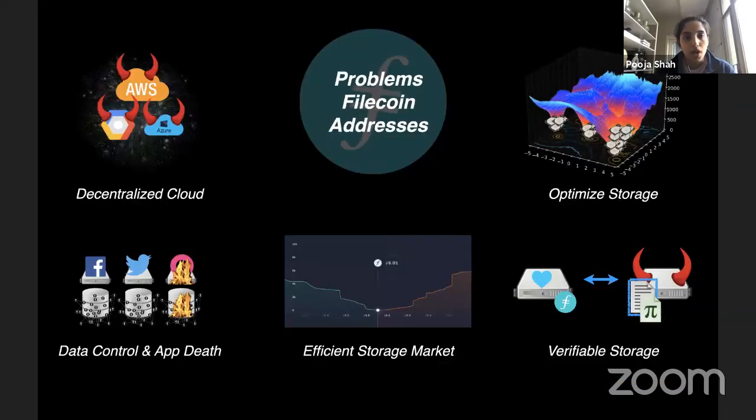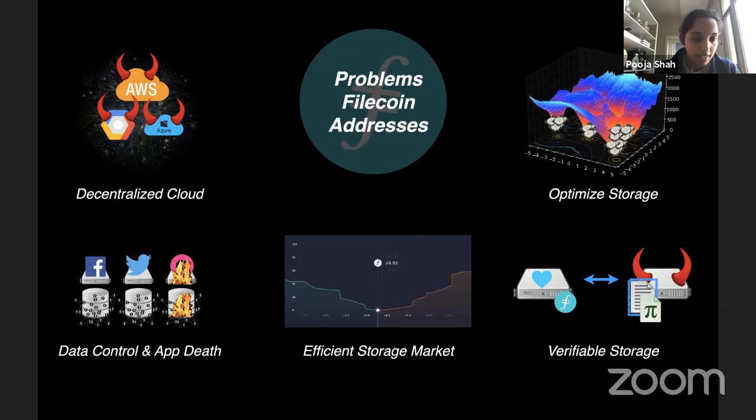Some of the core problems that Filecoin seeks to address are, this idea that there are obviously many cloud storage providers that exist in the world, but we've seen how brittle some of these solutions can be. And Filecoin aims to address some of the problems that exist with centralized cloud solutions by building what is essentially a decentralized cloud.